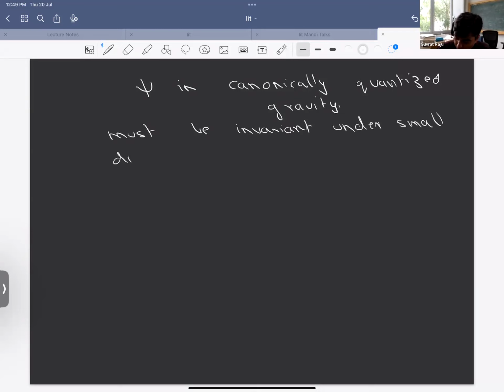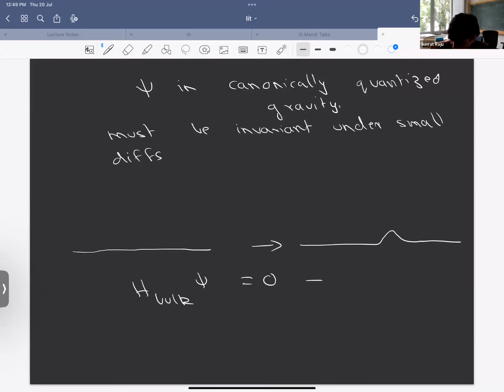Small diffs are diffs that might move you locally up and down in time, might change a slice to something of this kind. And that tells you that H bulk on psi is equal to 0. And in fact, this is called the Hamiltonian constraint.